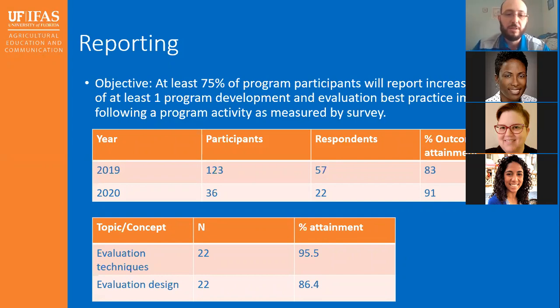Yeah. So I know there are district extension directors that are concerned with the N value in regards to program participants. And so it's a really quick and easy way in which to do that. All you'd have to do is, when you say at least 75% of program participants, you would at some point within that provide parentheses to show, 75% of your N equals, let's say 35 participants.